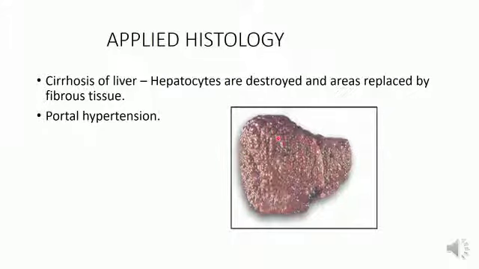As a result of increased resistance to blood flow, there is increased blood pressure in the portal circulation, which can lead to a condition called portal hypertension. In portal hypertension, the anastomoses between the portal and the systemic veins dilate to form varices, and rupture of these varices can result in fatal bleeding.